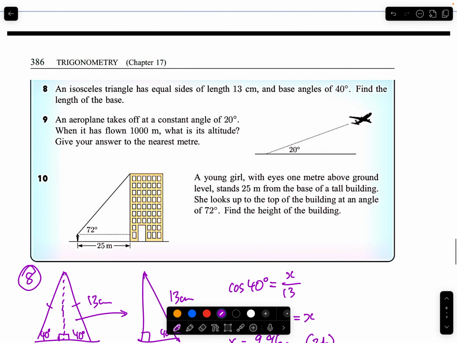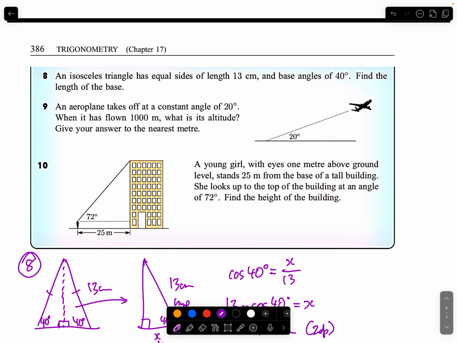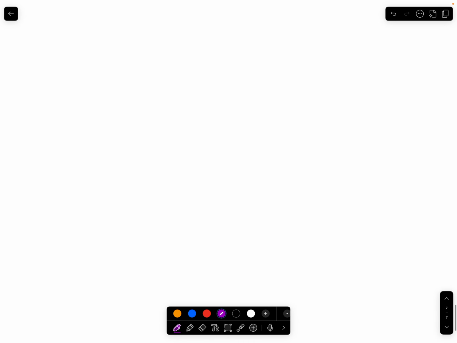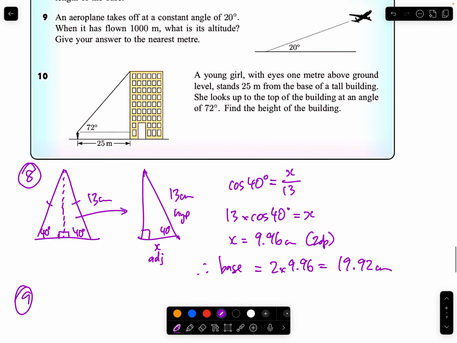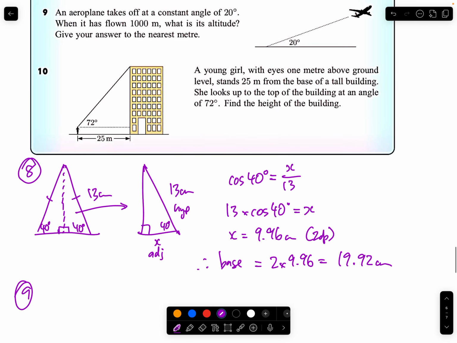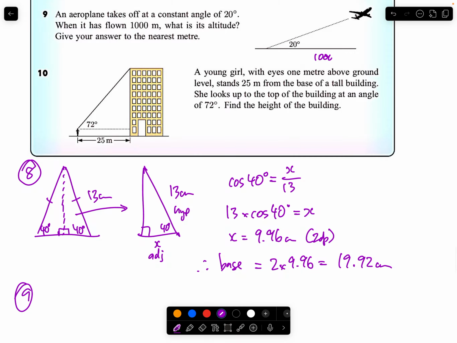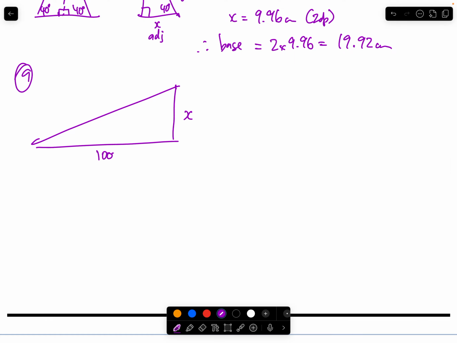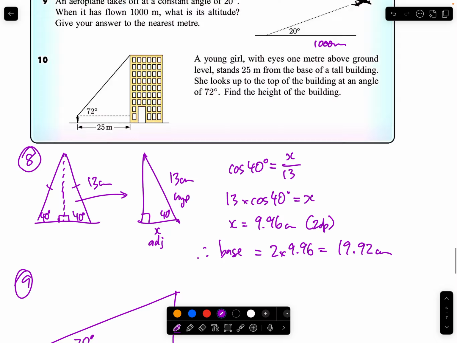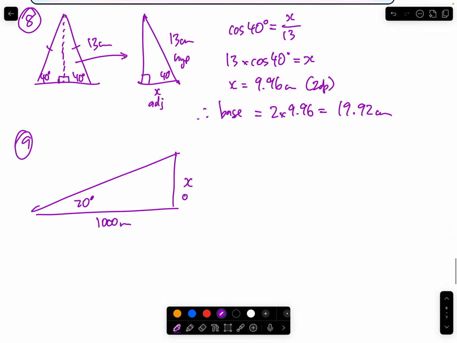9. Aeroplane takes off at a constant angle of 20 degrees. When it has flown 1,000 meters, what is its altitude? Give your answer to the nearest meter. Altitude is x, 1,000 meters, 20 degrees. What do we have? This is the opposite, this is the adjacent.